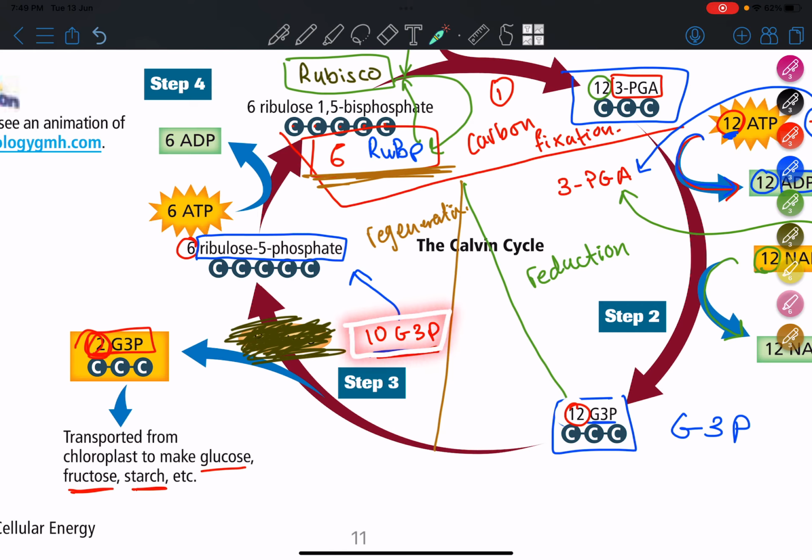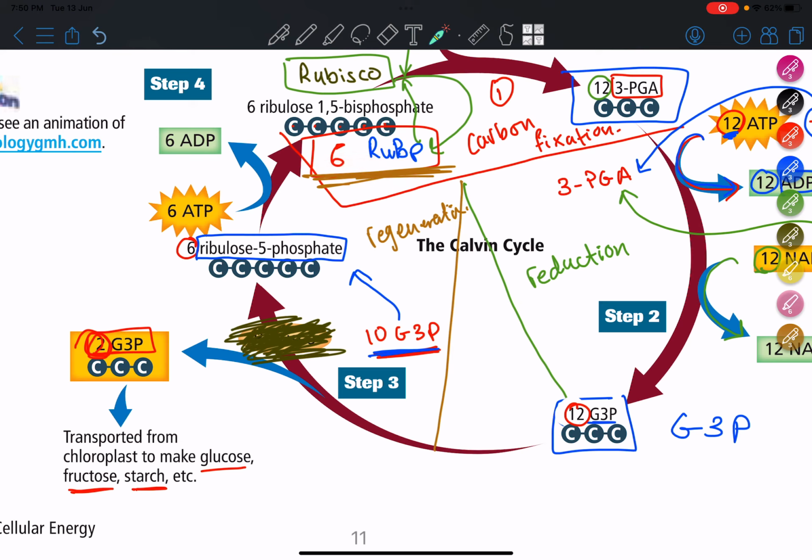These 10 G3P will be changed into 6 RUBP. How? They will first be changed from the 10 G3P into the 6 ribulose 5-phosphate, and then with the energy from 6 ATP, it will be changed into 6 ribulose 1,5-biphosphate, which is RUBP.